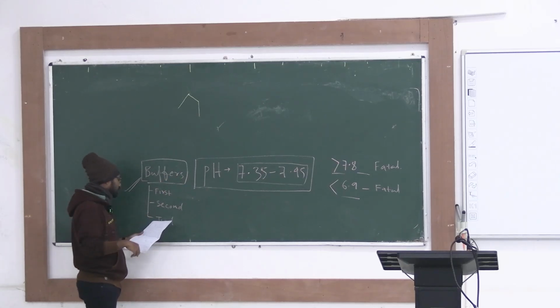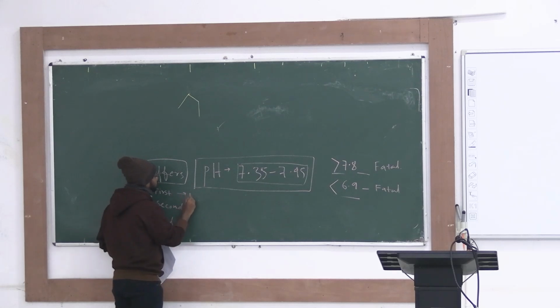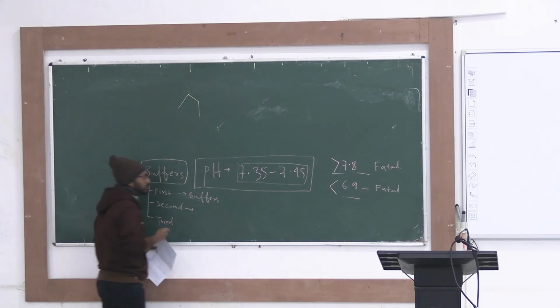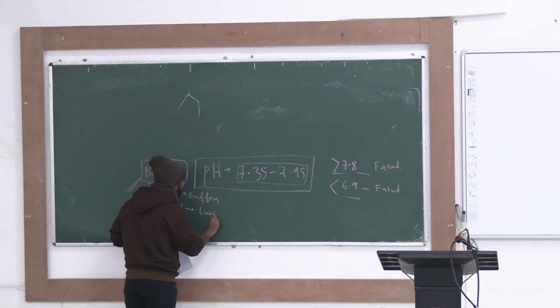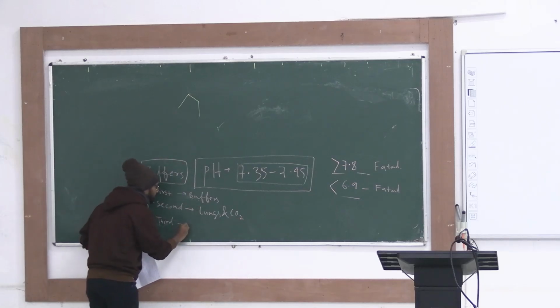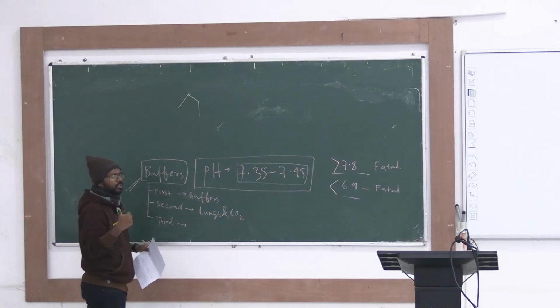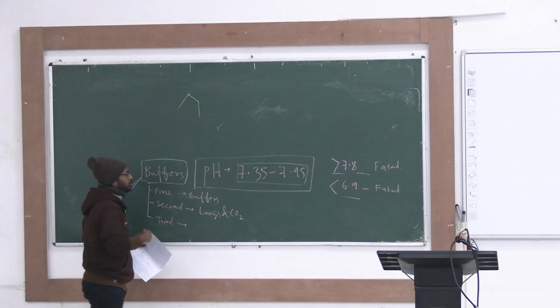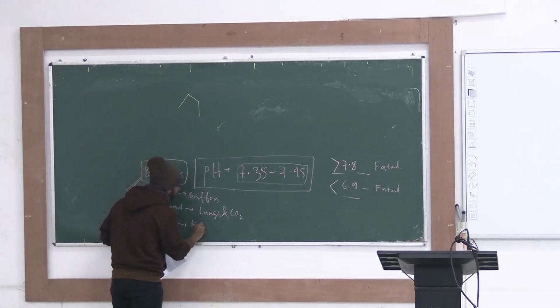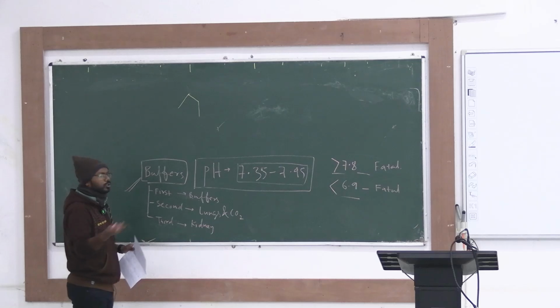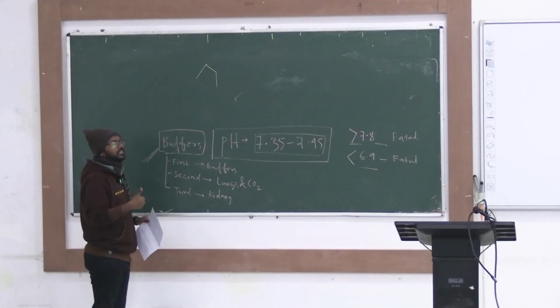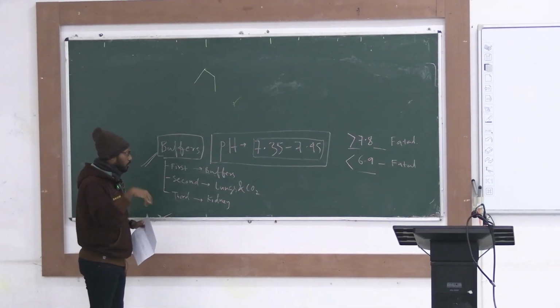So the first line of defense comes from these buffers. The second line of defense will come from your lungs. Lungs and CO2 will form your second line of defense, and the final line of defense to maintain your pH is your most important organ, that is the kidney. So the kidney works via excretion, absorption and reabsorption, all those procedures happening in the PCT, DCT, collecting tubule, loop of Henle, all of these.